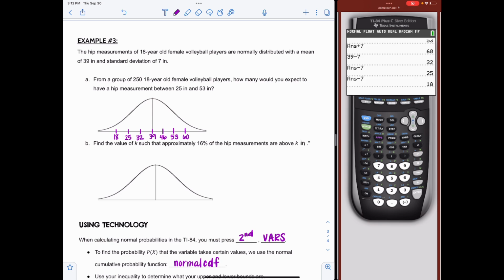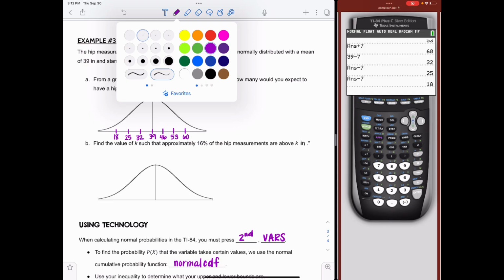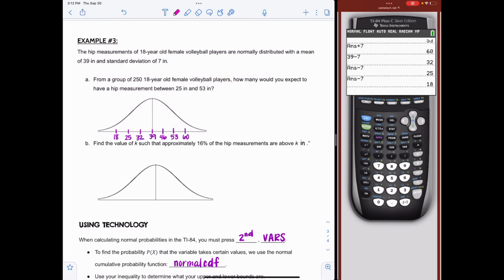So it says between 25 and 53 inches. So I need to find from 25 to 53. We're trying to find the probability of everything on the inside of here.